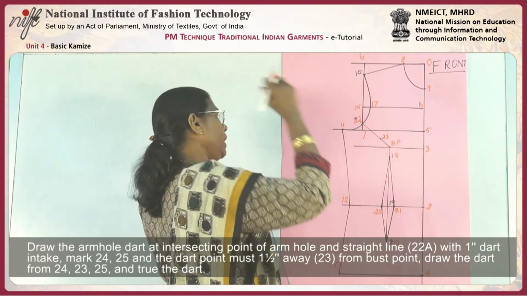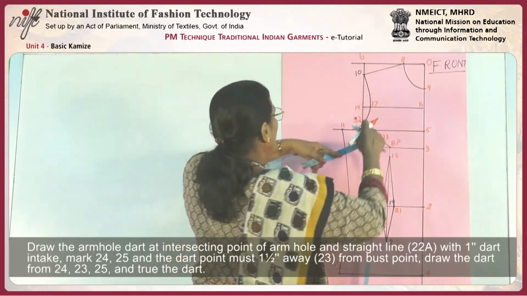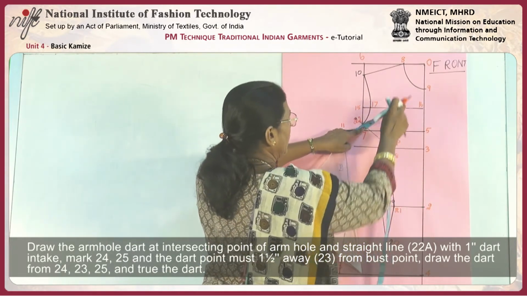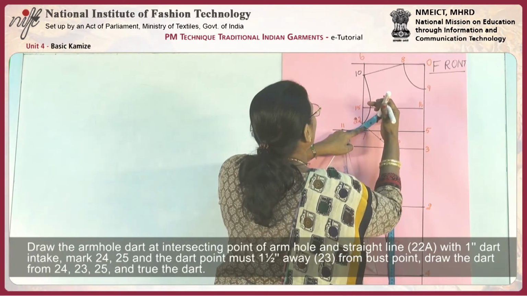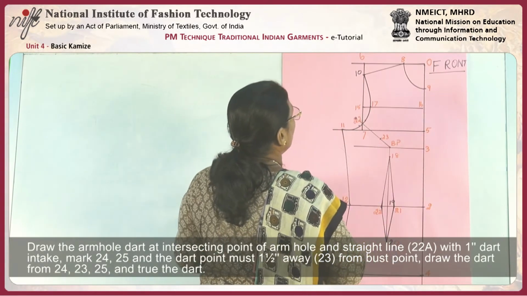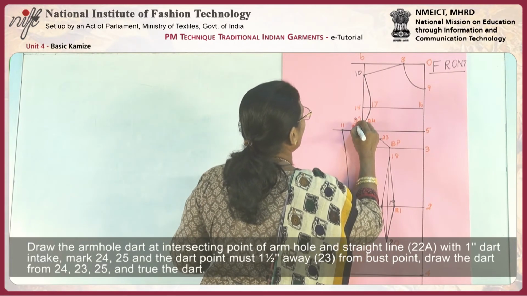And the dart intake is 1 inch. Mark half an inch on both sides. That is 24 and 25.